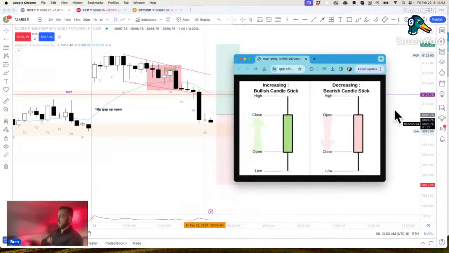If I'm looking to buy, I need a signal to buy, and there's no buy signal. The bears are in control right now.